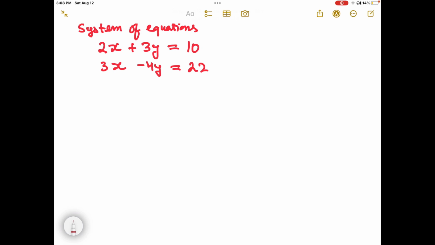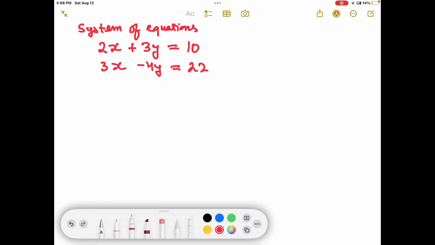Now, in order to solve these kinds of equations, one of the easiest methods is to first look at the two equations and look at the different parts of them, such as 2x and 3x, 3y and 4y. We want to find a way to multiply one or both of the equations in such a way that after multiplying, the coefficient of x becomes the same in both equations.